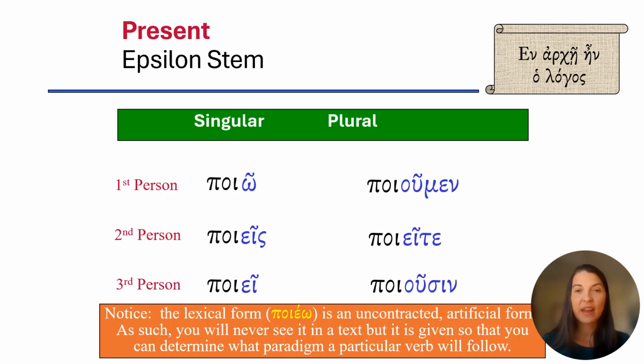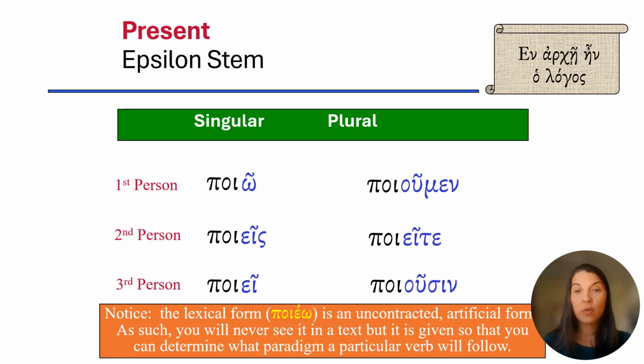So let's take a look at how this plays out with our endings for the word poieo. Poieo is the lexical form of our word, but you'll notice that it's not like the rest of our words in the present first person active indicative singular form.